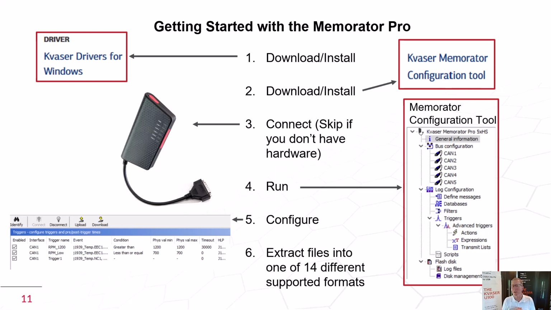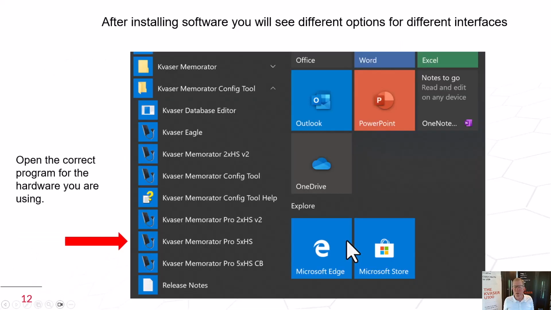You run Memorator configuration tools. You configure your triggers, your filters, your expressions, stuff that we'll cover here in a little bit. And after you capture the data, you can extract into one of the 14 different formats that it supports, which we'll touch on a little bit later down the line.